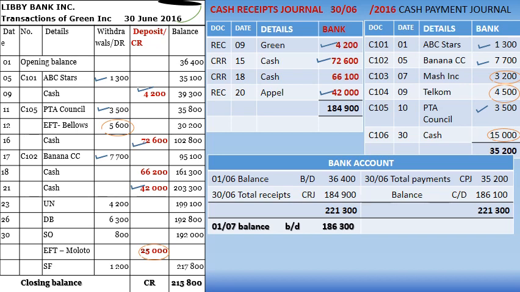Day 23, there's a UN amount, 4,200, unticked. We round it with a circle. Day 26, the DB entry, amount 6,300 is unticked. We therefore round it in a circle.